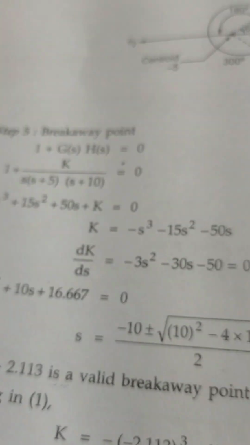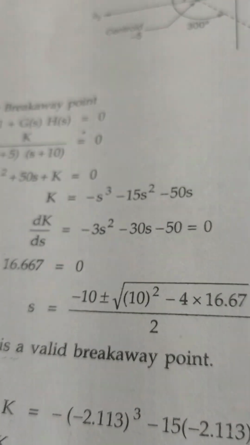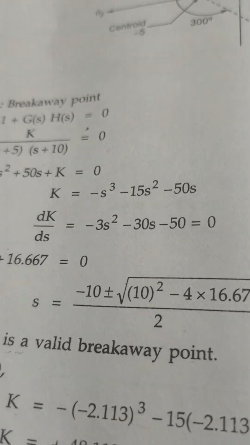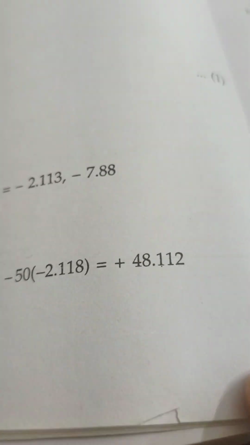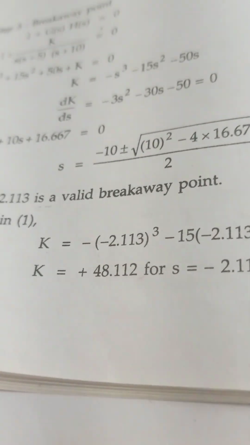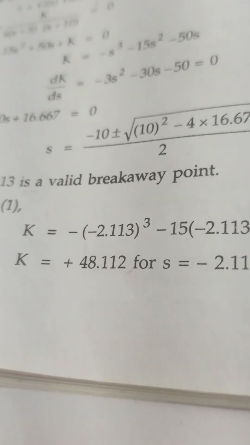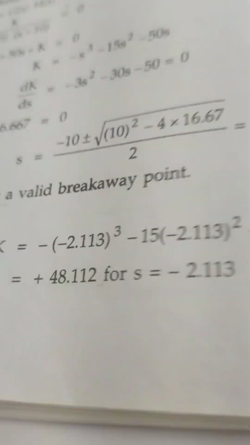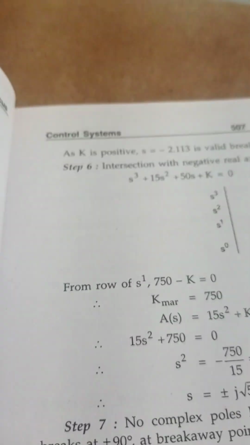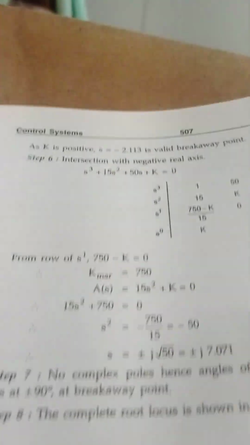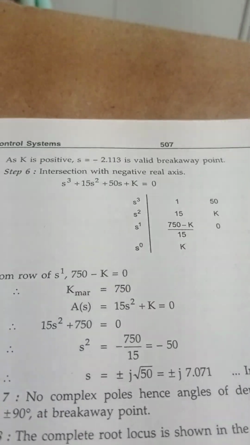In this equation, k equals minus s cubed minus 15 s squared minus 50 s, substitute the value of s as minus 2.113. Therefore we get the value of k as plus 48.1. For s equal to minus 2.113, k is positive, about 48, and therefore s equal to minus 2.113 is a valid breakaway point.